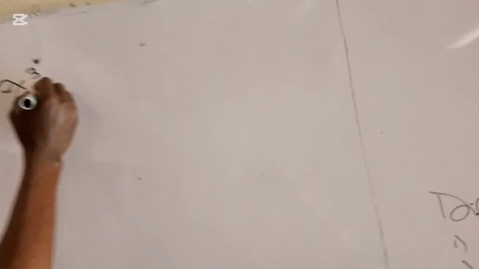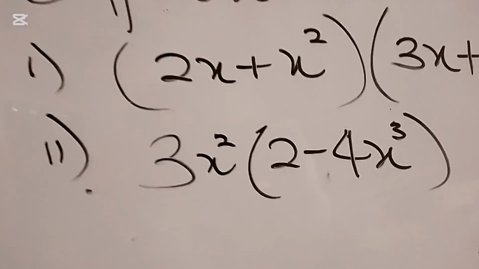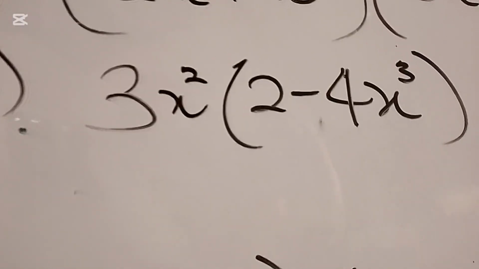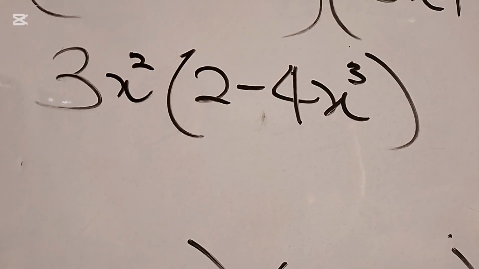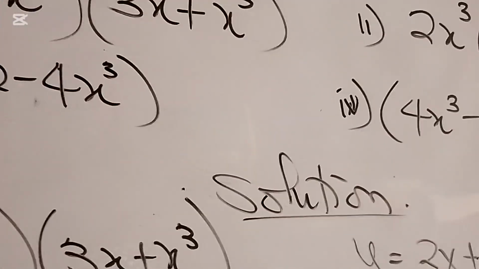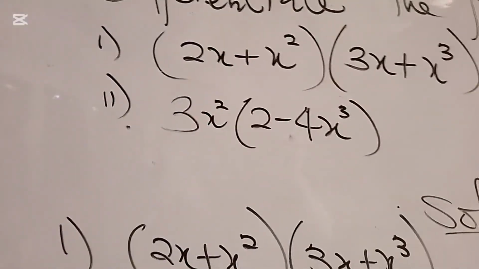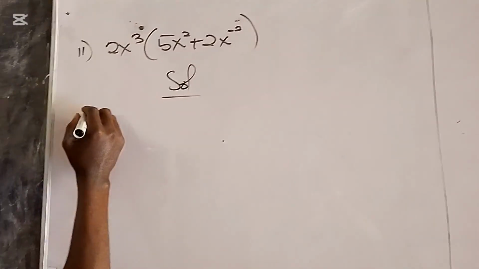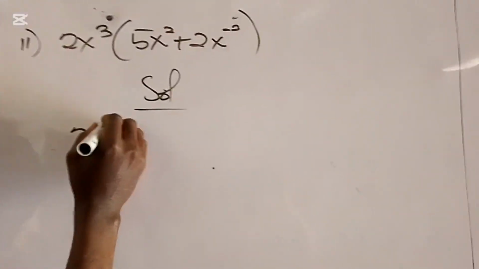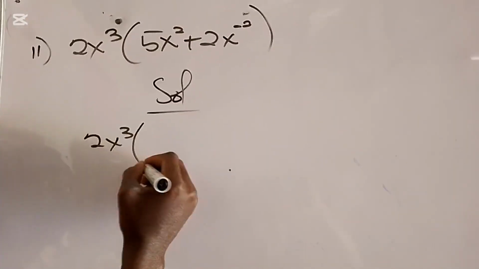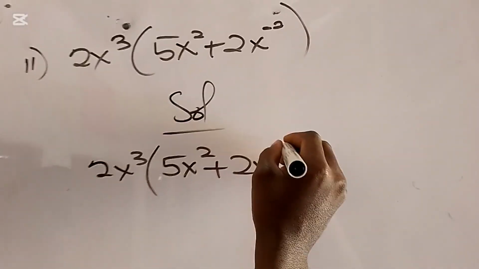2x cubed times the bracket 5x squared plus 2x to the negative 2. Okay, so this is the second question: 2x cubed times 5x squared plus 2x to the negative 2.